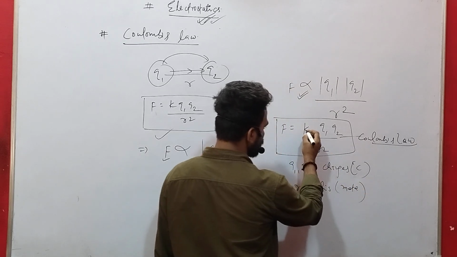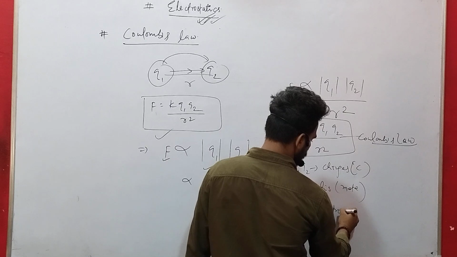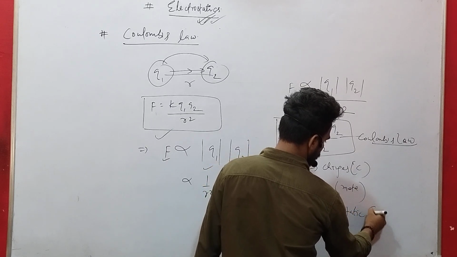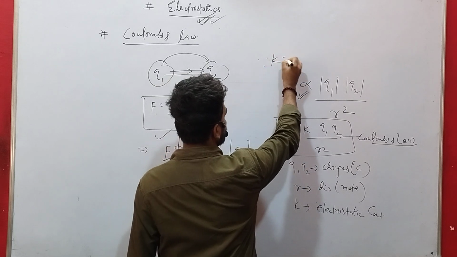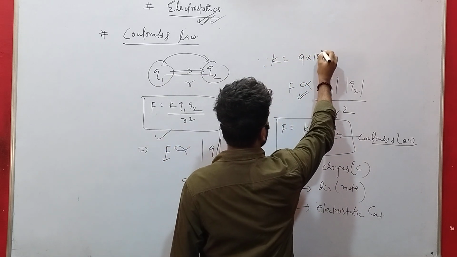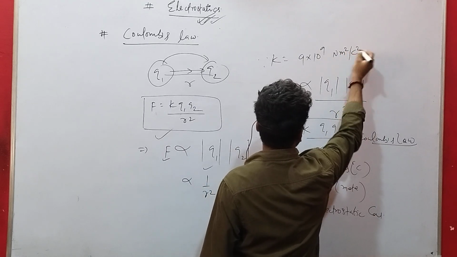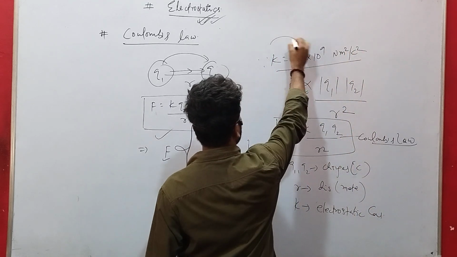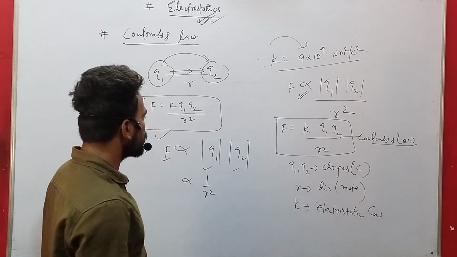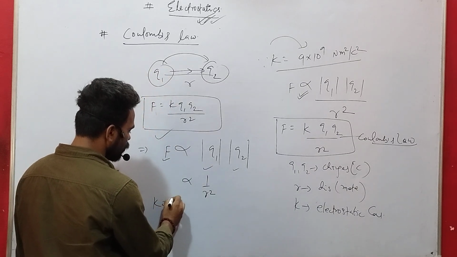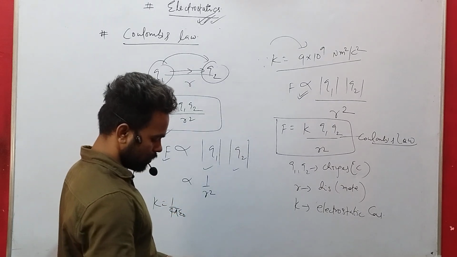Here K is the electrostatic constant, and the value of K is 9 into 10 to the power 9 Newton meter square per coulomb square. This is the value of K. Another representation of K is K equal to 1 by 4 pi epsilon naught.